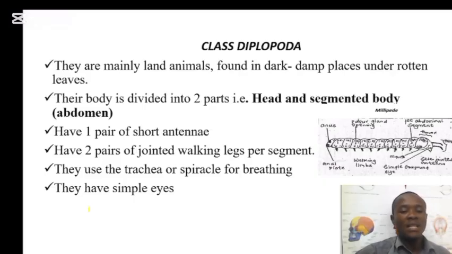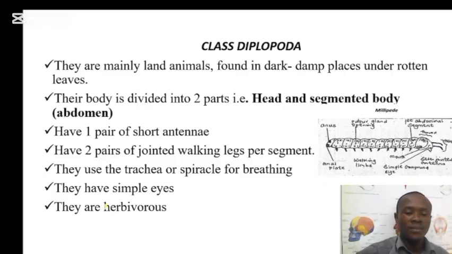That means the pair of simple eyes just has one lens in it. That's why we call it a simple eye. If it has many lenses in it, we call it compound eyes. Lastly, they are herbivorous. That means they feed only on plant materials. An example of this organism is the millipede.